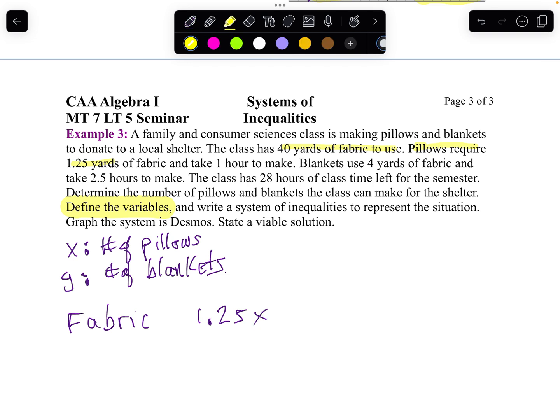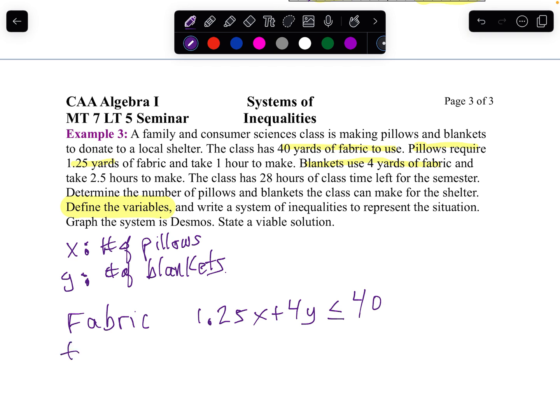And then let's look at blankets. They require 4 yards of fabric, don't they? So we're going to say plus 4y. That's going to be less than or equal to 40. So they can use 40. They just can't go past it.